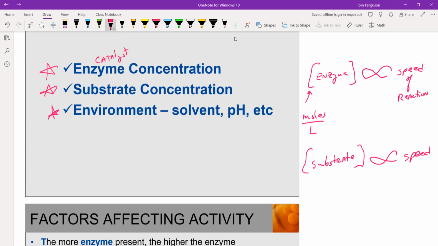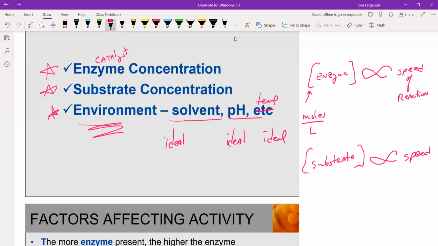And then this varies. You can speed up or slow down the reaction by changing the conditions. So there's an ideal solvent, ideal pH, ideal temperature.